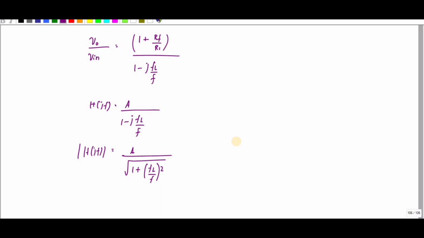Suppose they have given FL equal to 2 kilohertz. Substitute in the formula 1 divided by 2 pi RC. Assuming the value of C is equal to 0.01 microfarad, I will get the value of R, which is 7.95 kilo ohm.